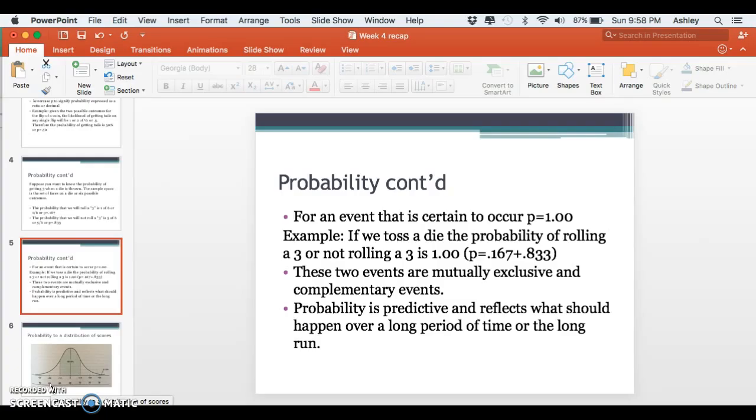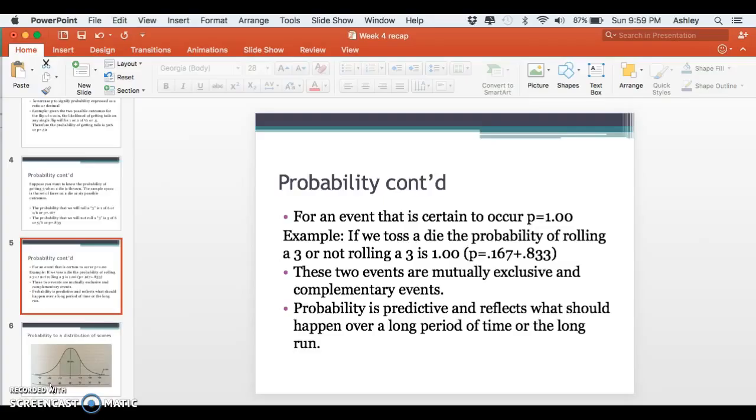That's what I'm trying to get across here. It reflects what should happen over a long period of time and not necessarily what will happen for any given trial or event. So like when you see a surgeon say an operation has a 75% probability of success, it simply means that in the long run, for all such cases, 75% can be expected to be successful.